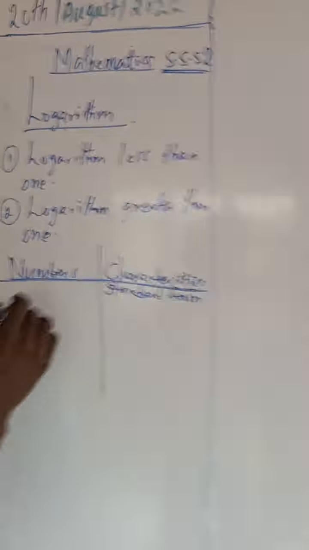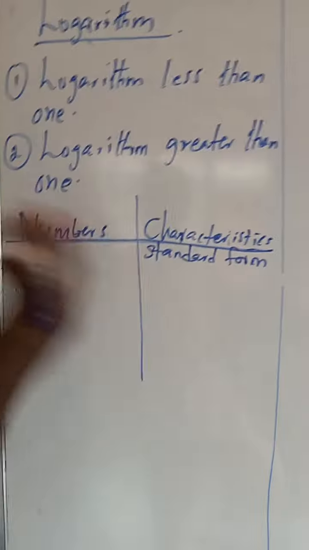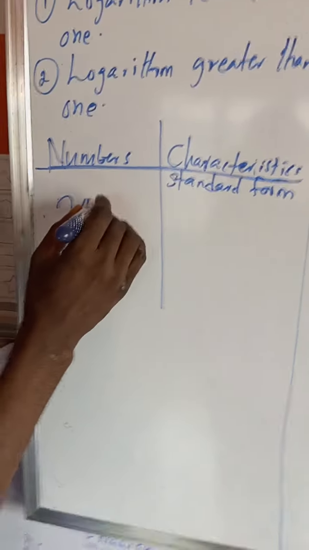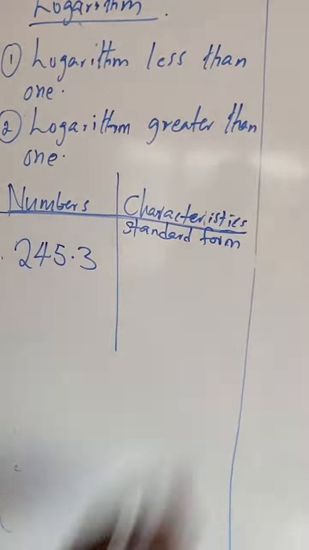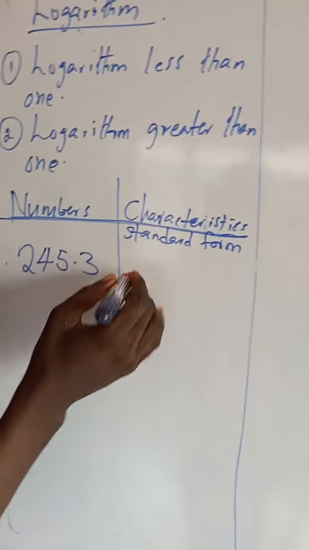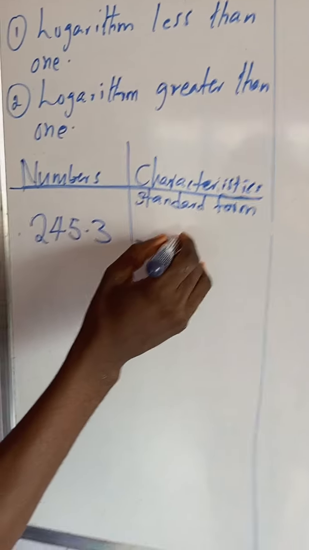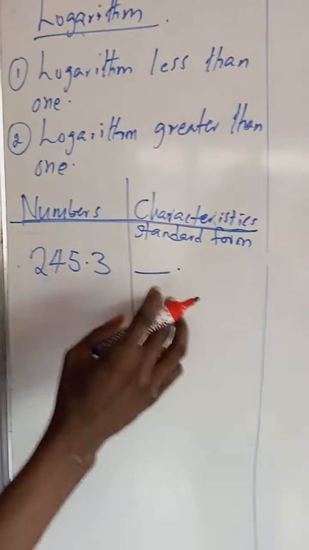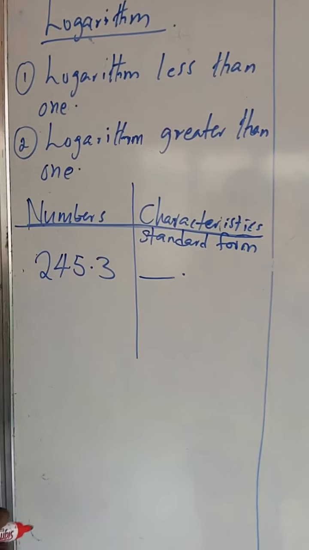Yes, let's say we are given 245.3. I want to look for the characteristic. The characteristic, majorly, is the number before the decimal.